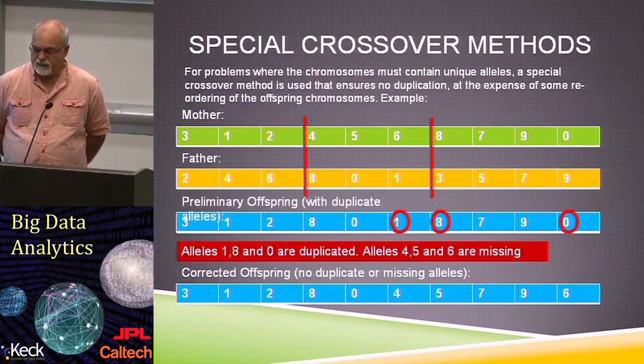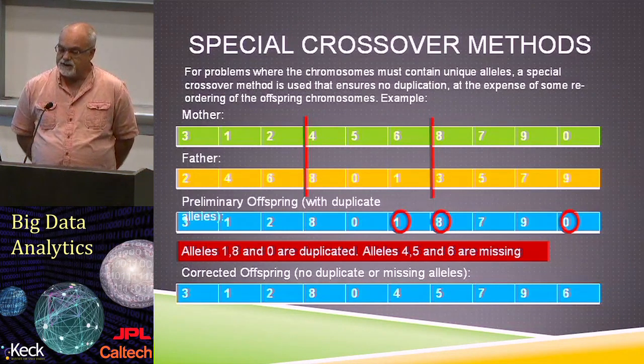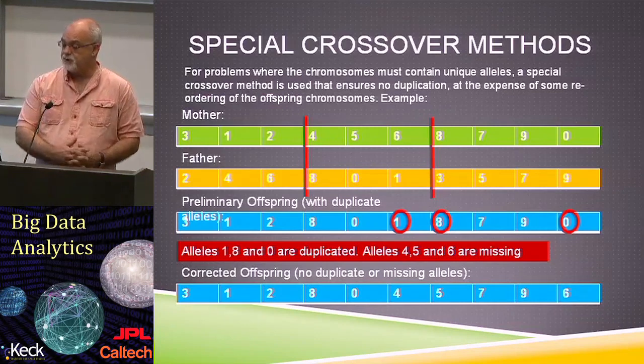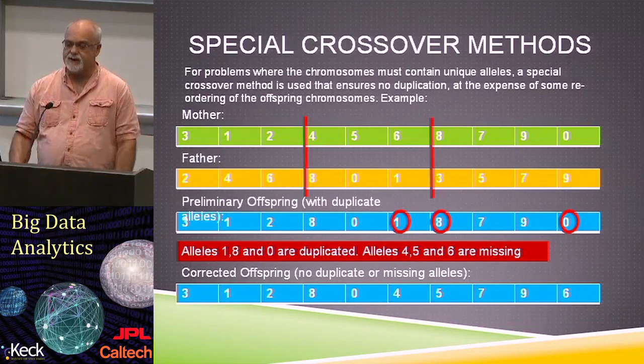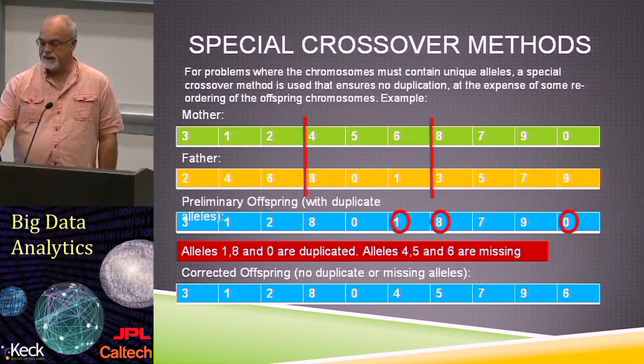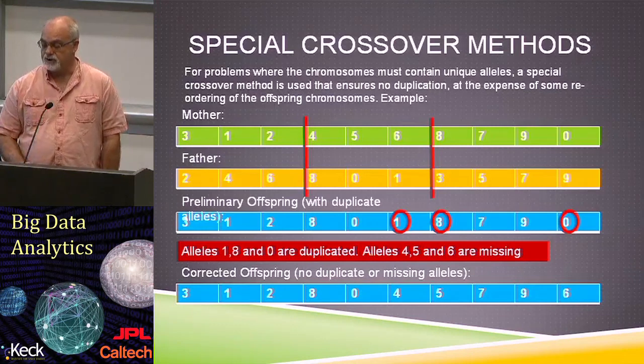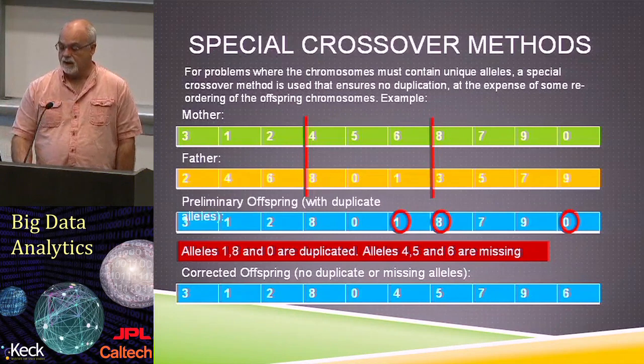Now, in the case of some problems, and in particular the travelling salesman problem, we need special crossover methods, because if we did what was on the previous slide with the city list, then we'd end up with duplicate cities which violate our conditions for a solution. This is illustrated here. If we take a mother and a father chromosome and we take a slice out of the middle, and if we look at the first preliminary offspring, you'll see that the red circles show where we now have duplicates in our chromosome.